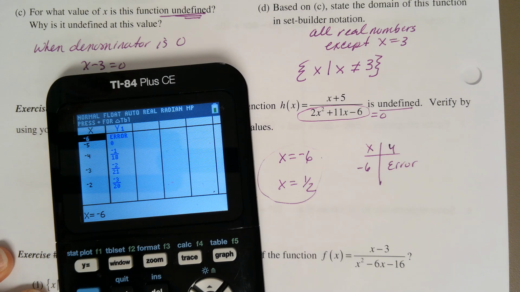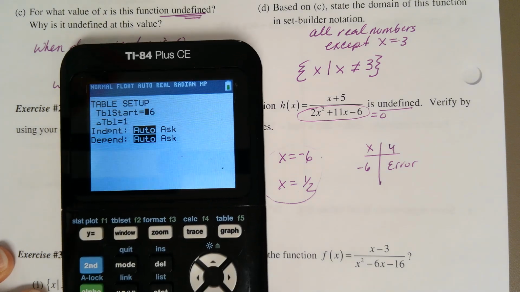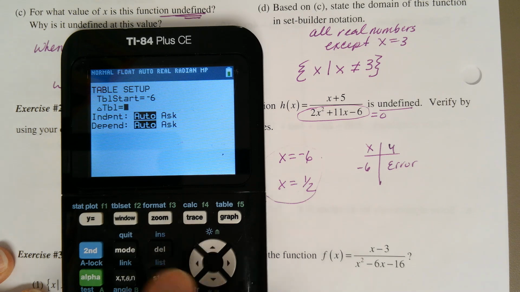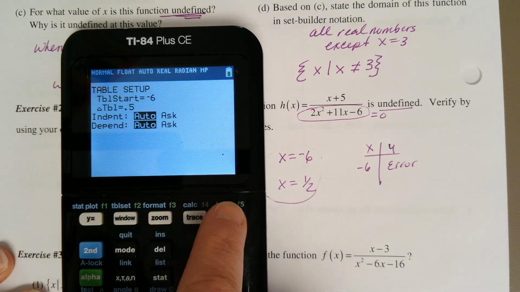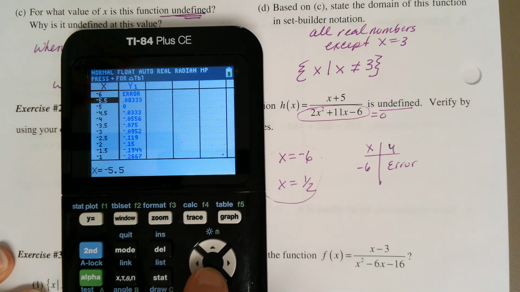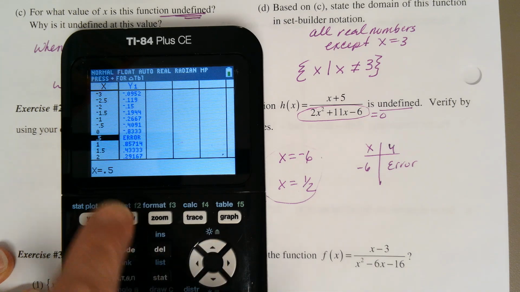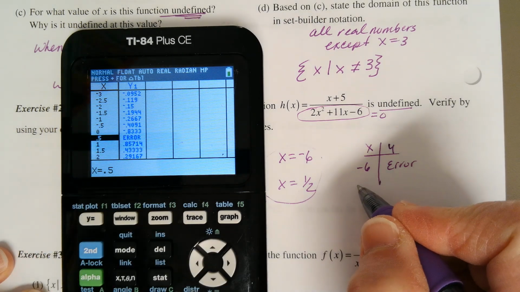And a value of 1/2, I'd have to change the table. I'm doing second window, and right now the table is going by 1, so I'll do by 0.5, so that we'll be able to see a half. Value of 1/2 in for x also results in an error.